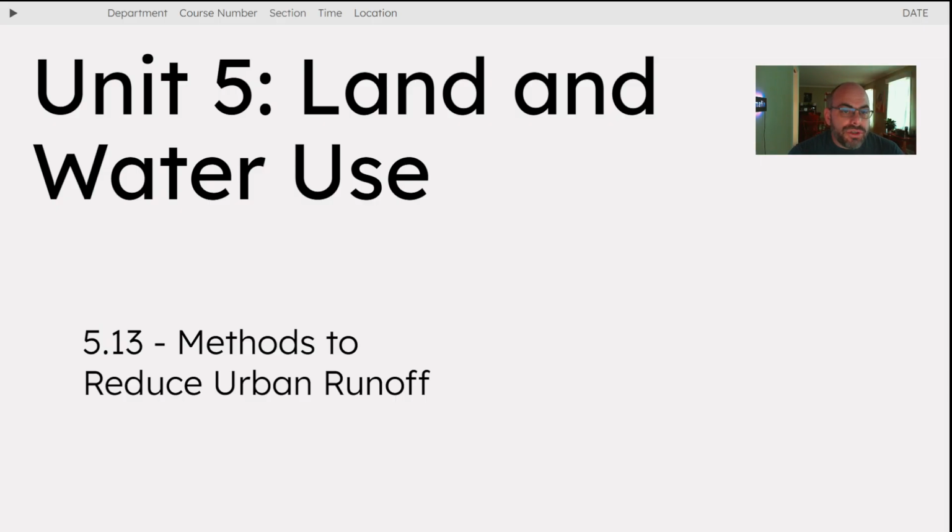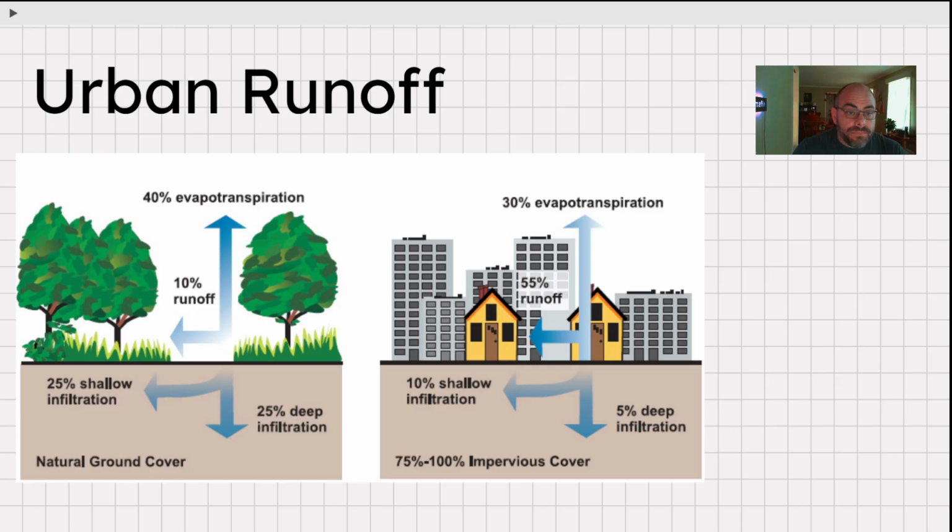We looked at urbanization. We talked a little bit about this idea, but here we're giving the solutions for some of the problems that we introduced in that lecture. What is urban runoff? It is exactly what it sounds like, right? It is the amount of water that is running off of surfaces in urban environments, and it tends to be high because of impervious surfaces, things like roads, parking lots, rooftops.